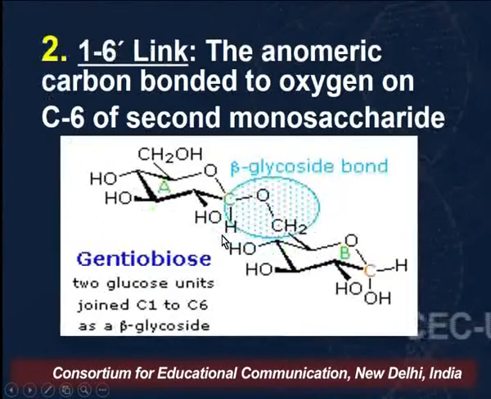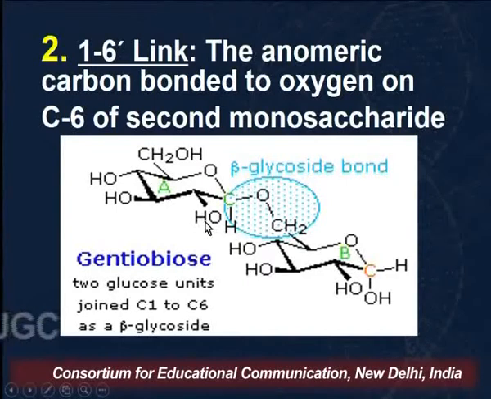Similarly, when we talk of a 1,6 linkage, the example of a 1,6 linkage is gentiobiose. And what we find in this case is the anomeric carbon bonded to an oxygen on the sixth carbon.